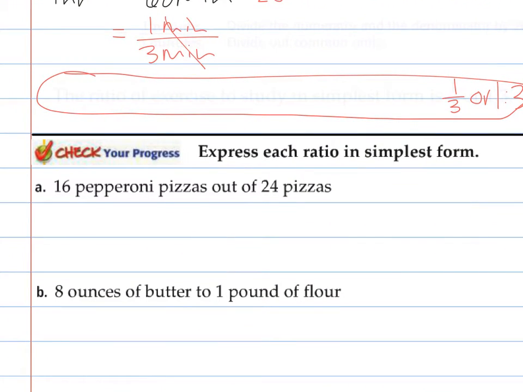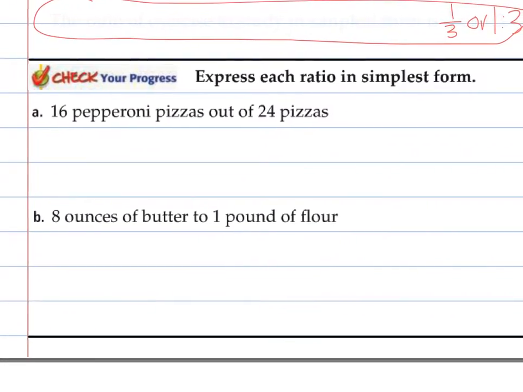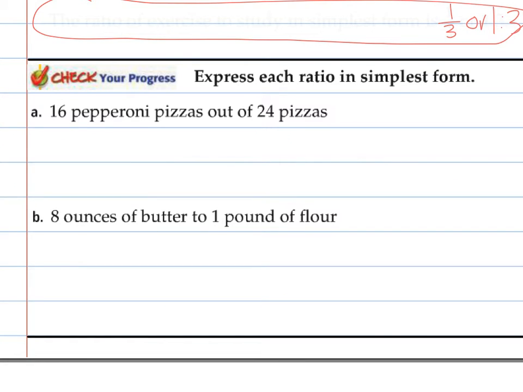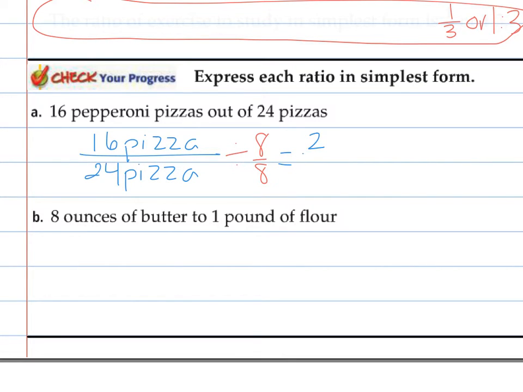So let's try some of these. Check these and come back. You could pause and go forward. So we have 16 pepperoni pizzas out of 24 total pizzas. These share a factor of 8. So then I get 2 to 12. Oh, I misjudged something.